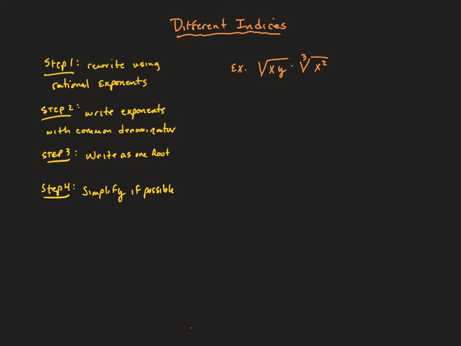Like I did in the very beginning of this video, I have xy to the 1/2, because this is the power of 1 and the index is 2, times x squared to the 2/3.